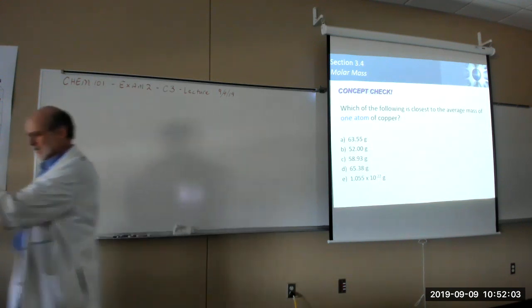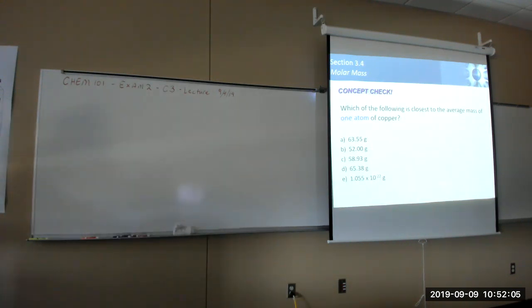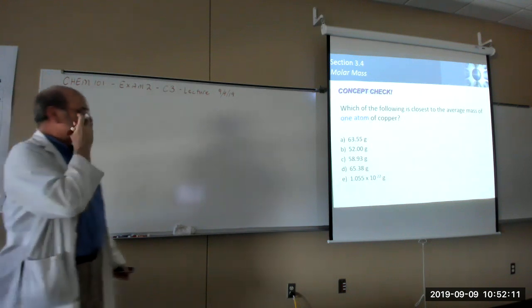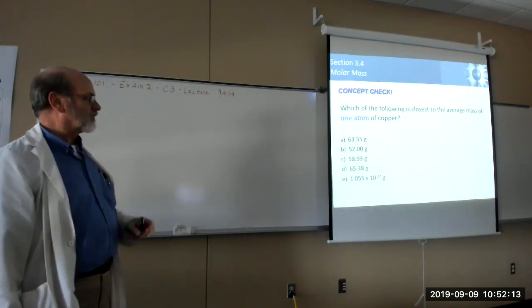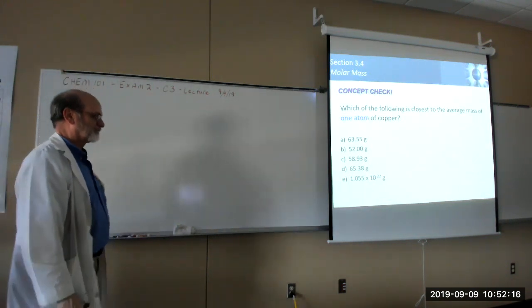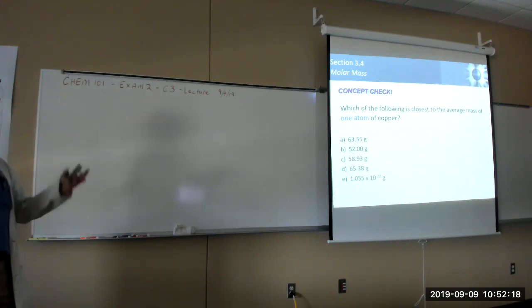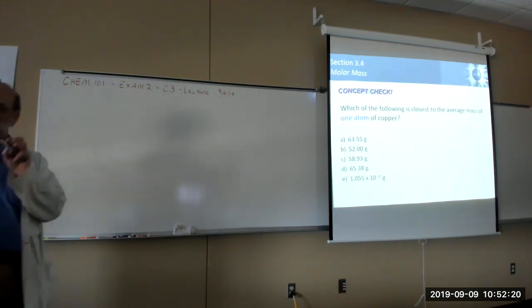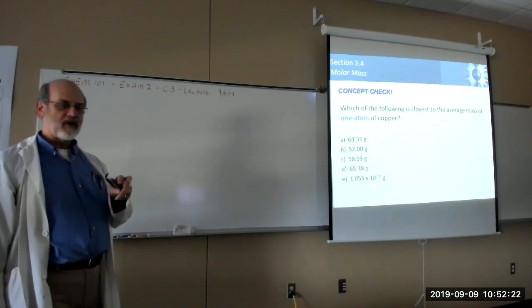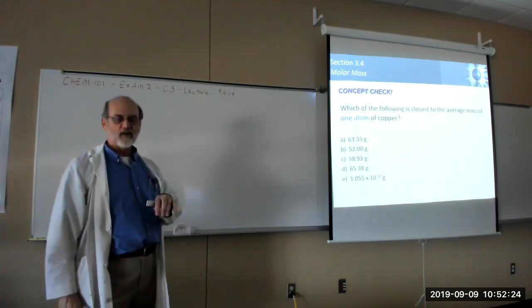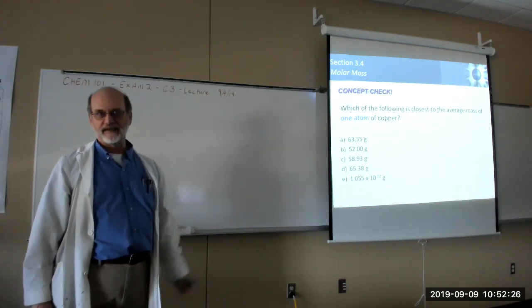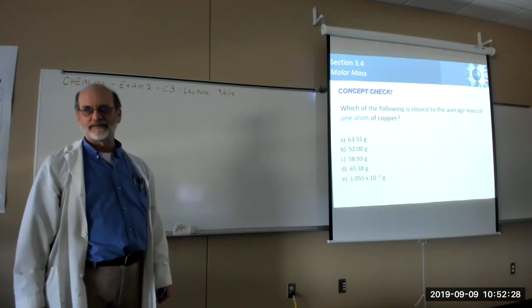Let's see how we're doing on time. Okay. Which of the following is closest to the average mass of 1 atom of copper? This is really kind of easy. If you have good test-taking techniques, you can, by process of elimination, figure out which one of these is right without knowing anything about copper.